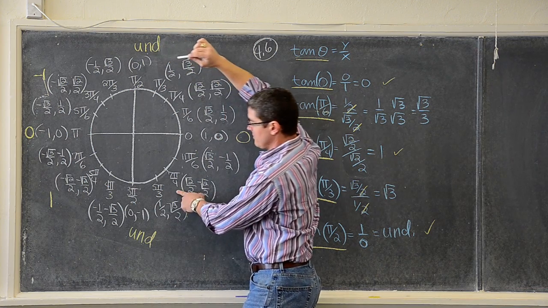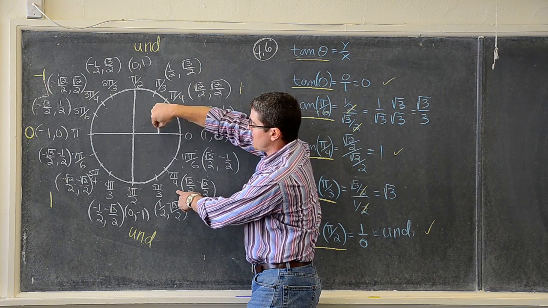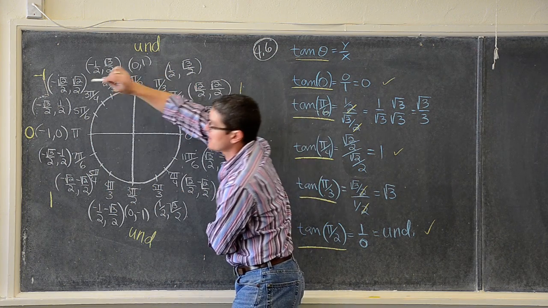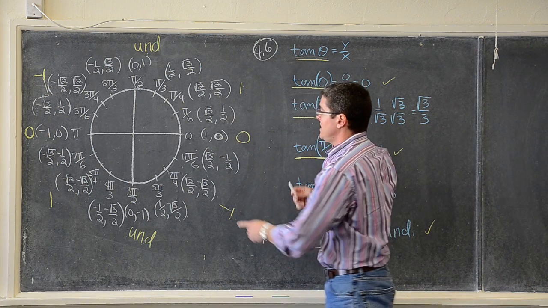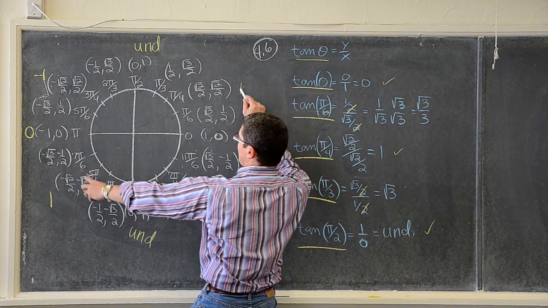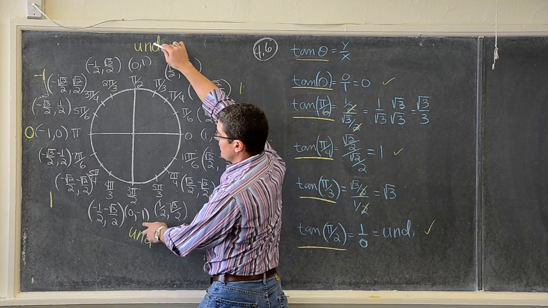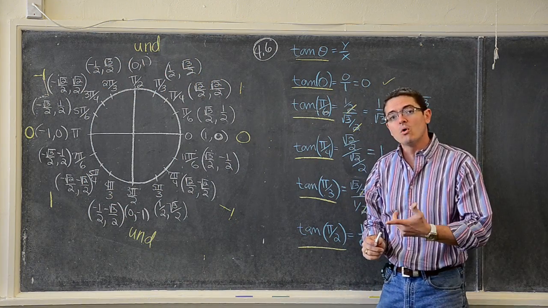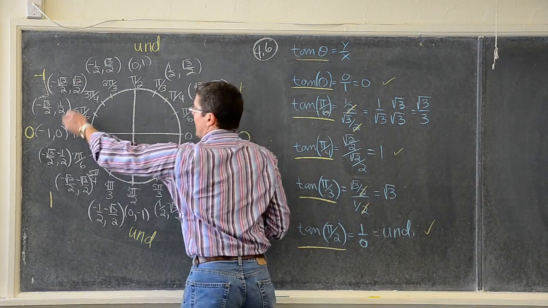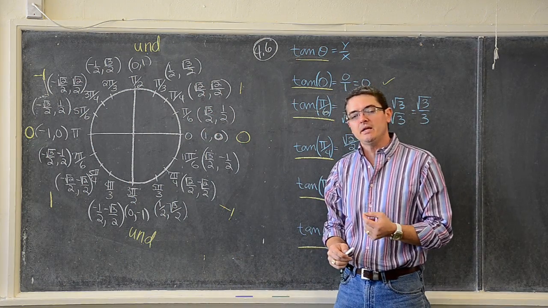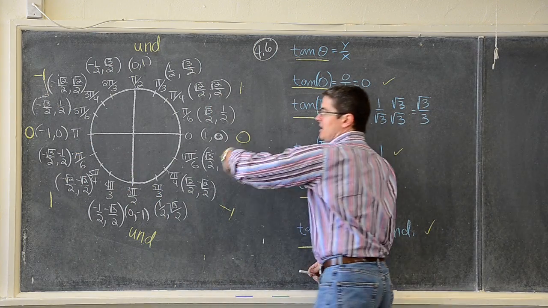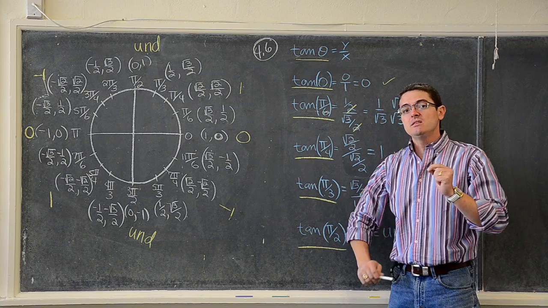And then at 7 pi over 4, because the x is positive and the y is negative, we get a tangent value which is negative, just like it was at 3 pi over 4. So you see, these values on the opposite side of the unit circle are repeating, and repeating in the same order. So you only have to go halfway around the circle, or pi radians, before your tangent values once again begin to repeat, and repeat in the same order.